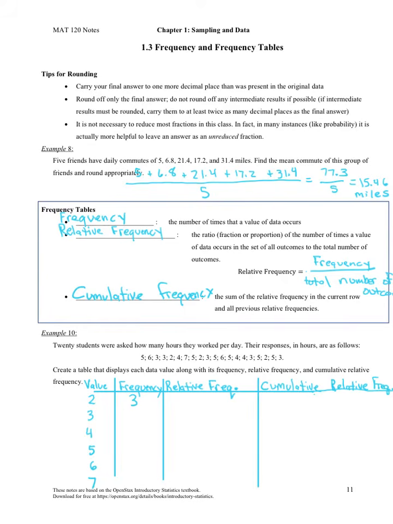Now, since we have 20 pieces of data here, to find the relative frequency, we take 3 and divide it by our total, which is 20, and that will give us 0.15. And keep doing this for each of the data values, for our data value 3, for the data value 4.